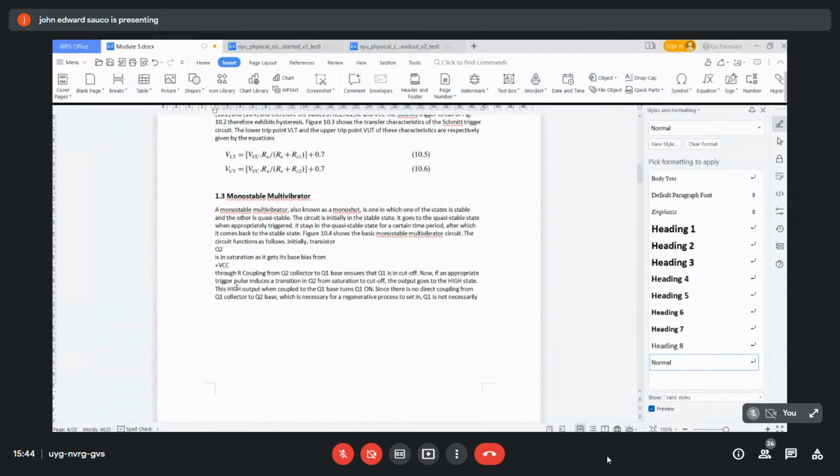So, now an appropriate trigger pulse induces a transition in Q2 from saturation to cutoff. The output goes to high state. Yan. So, nag-trigger tayo. Ngayon, si Q2 nag-cut off. So, ngayon, si output natin napunta sa high state na. This high output when coupled to the Q1 base turns Q1 on.